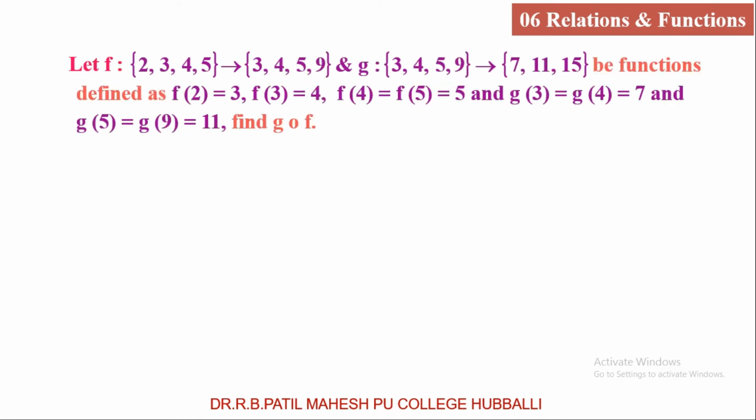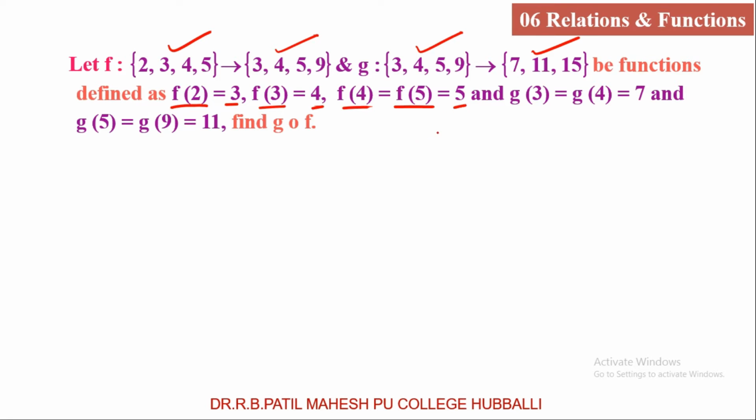Let f from the set {2, 3, 4, 5} to the set {3, 4, 5, 9} be a function, and the function g is from {3, 4, 5, 9} to the set {7, 11, 15}, defined as f of 2 is equal to 3, f of 3 is equal to 4, f of 4 and f of 5 both are equal to 5.